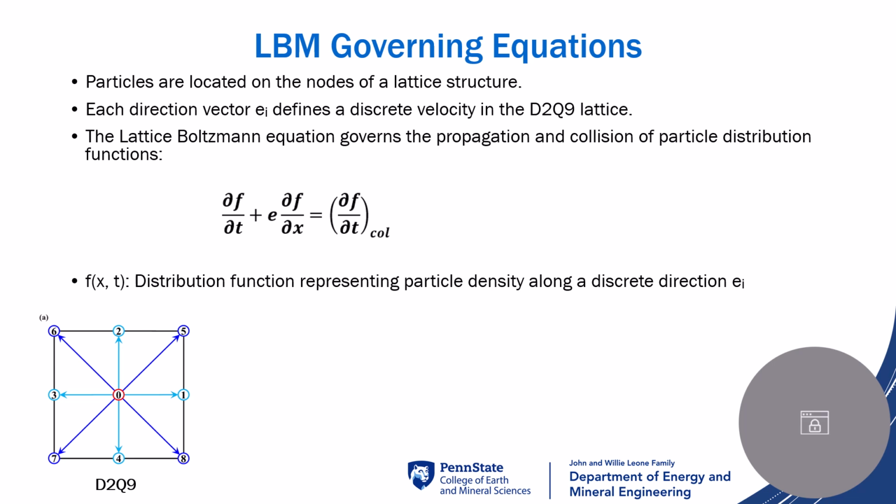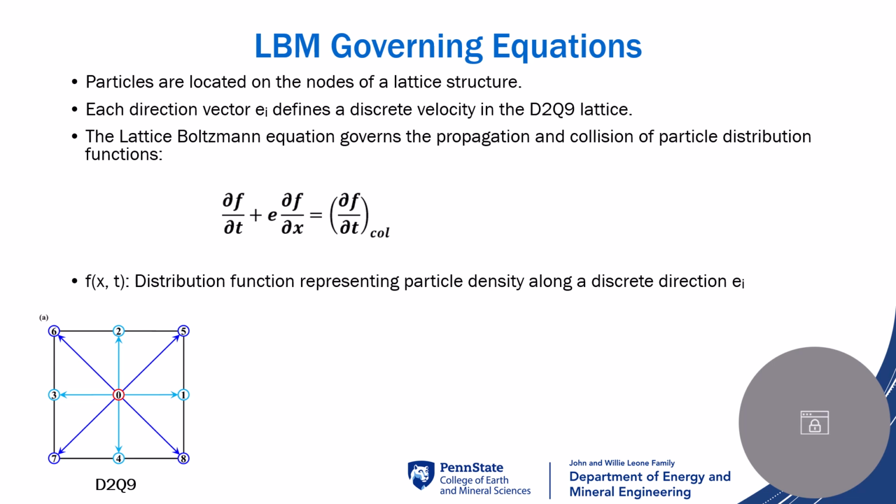In the Lattice-Boltzmann framework, particles aren't tracked individually. Instead, they are imagined to reside on the nodes of a structural lattice. Each node connects to its neighbors via a set of fixed directions, and along each of these directions particles can stream and collide.